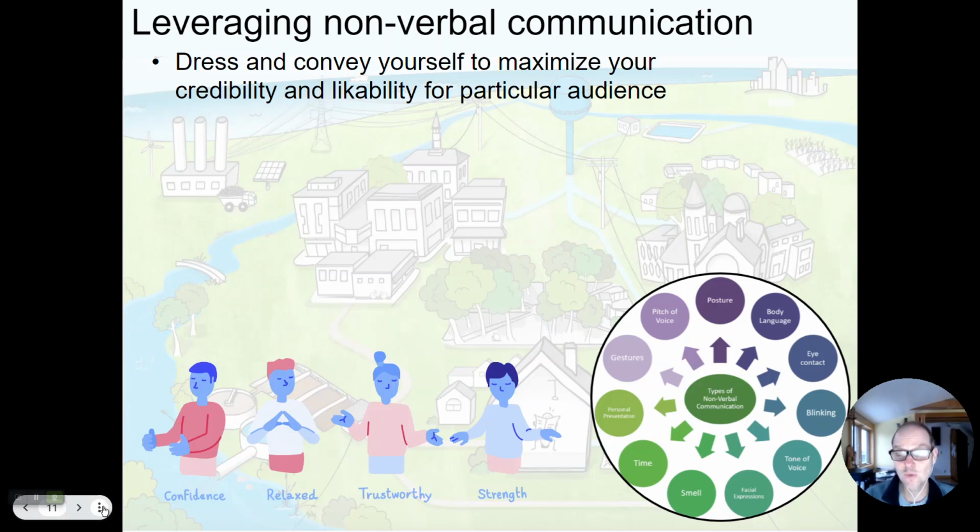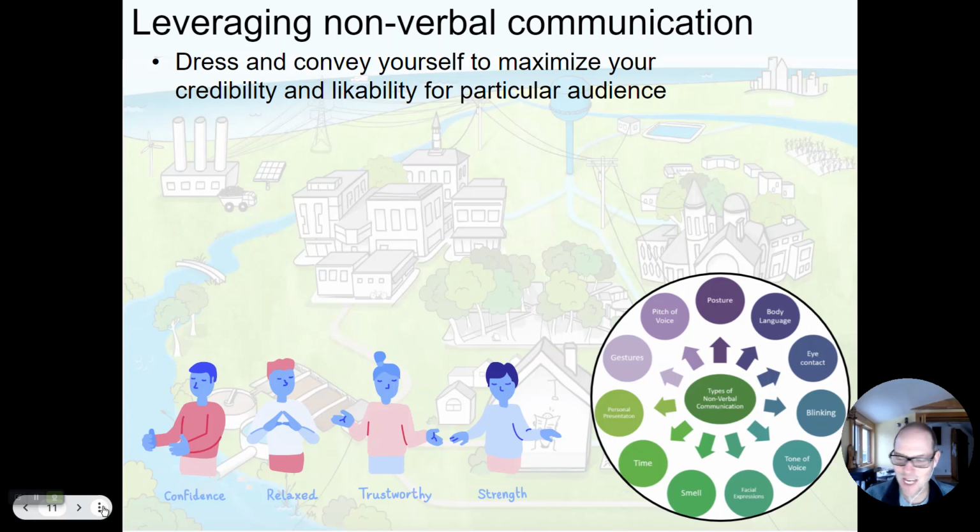A good rule of thumb is to dress in a way that you think is going to match the way your audience members are dressing, or a little bit neater and cleaner than they would dress. If you're wearing sloppy clothes, or something that really emphasizes your individuality, that's actually going to distract people from the content of what you present.